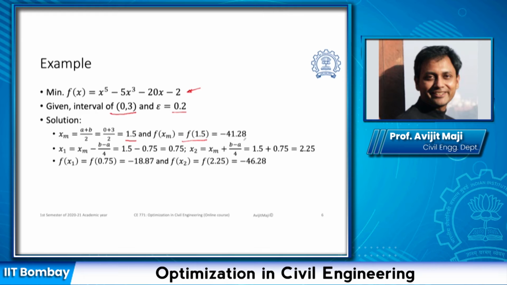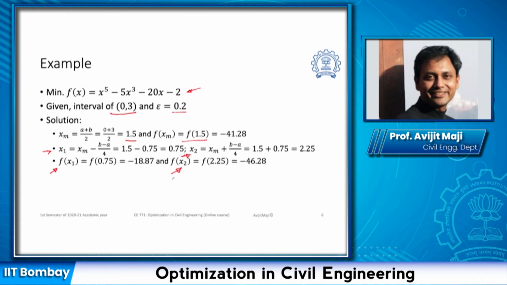Once we find the function value at that location, we move to step 2, where we are finding the other 2 points, x1 and x2, and we are finding the objective function values at x1 and x2.